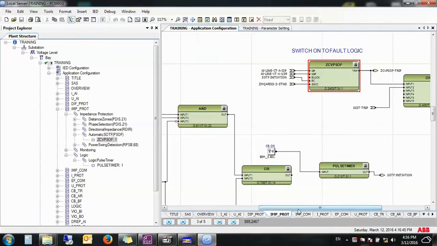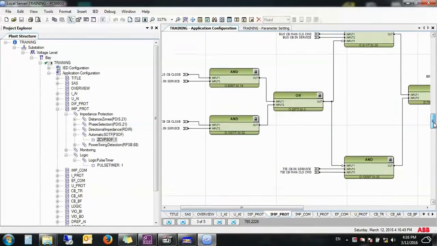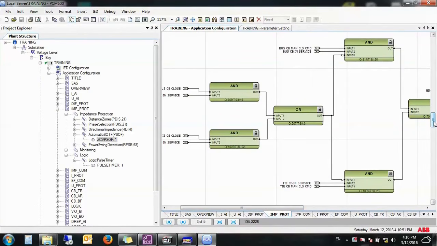If you are talking about a double bus single breaker, you take the manual close command with the breaker, or if you are talking about 1.5, you take the manual close command with the bus circuit breaker and the manual close command with the tie, and you take the bus to be closed, ready to close in service. The same applies to the tie.